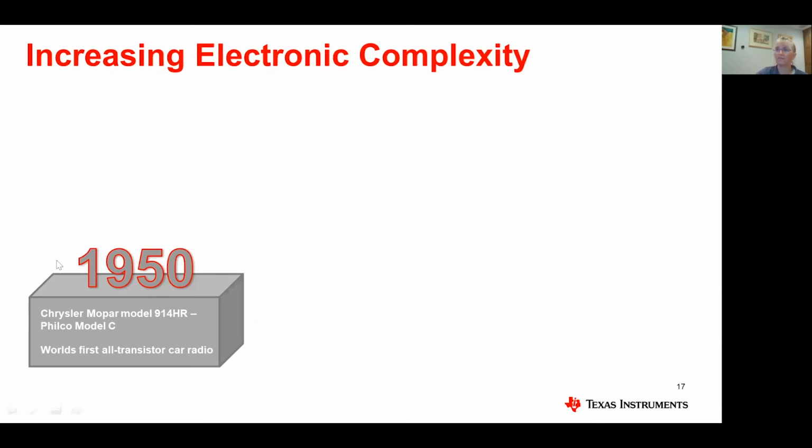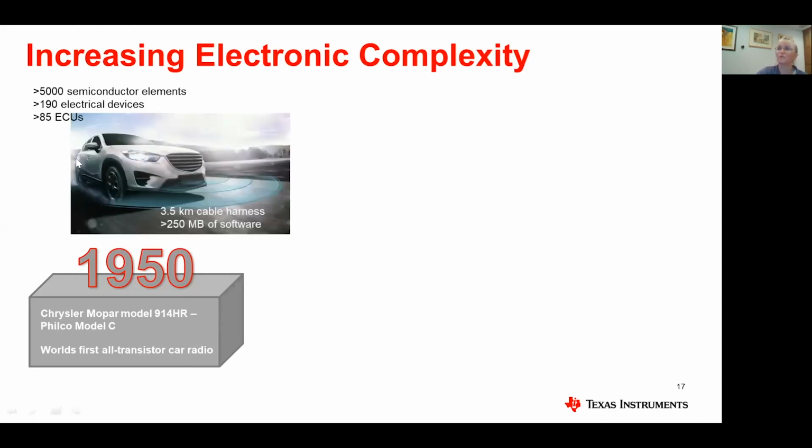When I look back, in terms of increasing electronic complexity, an interesting benchmark is the automobile. In 1950, Chrysler incorporated the first all-transistor car radio. So this was the first kind of notable electronics included in a car.